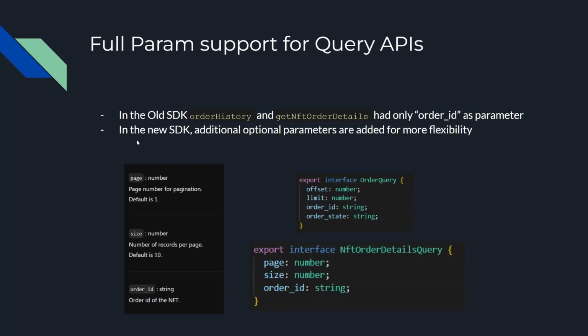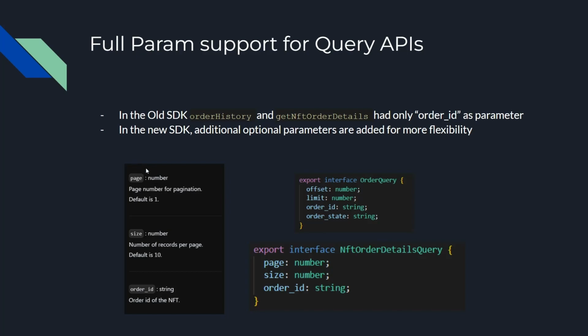Another difference in the APIs is for order history and get NFT order details. The old SDK had only one parameter, order ID, but in the new SDK, we can also specify additional optional parameters which the user may or may not specify according to their use case.